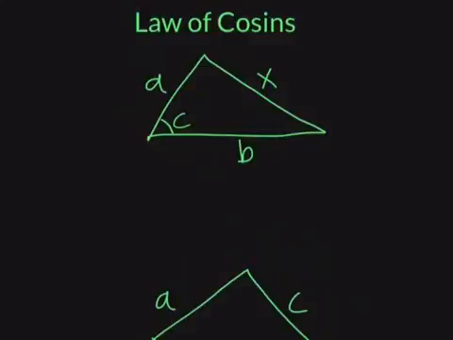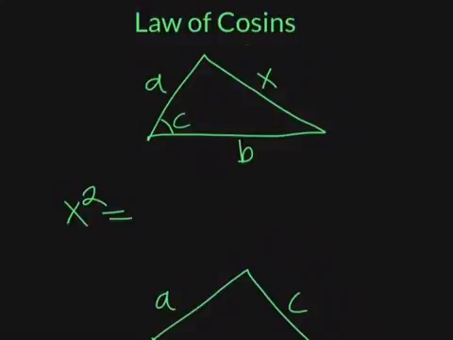So, the law of cosines says, to find a side, you need to have two sides and an angle. The angle given is C, and we're trying to find the side that is opposite to the angle given, which is x. So it's going to be x squared is equal to, the x squared is always the side that is opposite to the angle given.